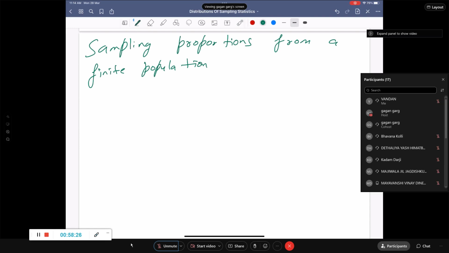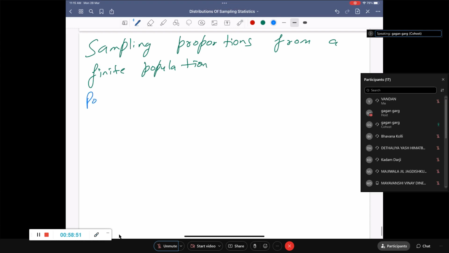We'll be asking questions like: what proportion of a population is in favor of a tax hike? What proportion of the population favors a particular candidate? What proportion of the population believes in getting vaccination? So we're talking about proportion. It could be mentioned as a percentage or as a fraction.